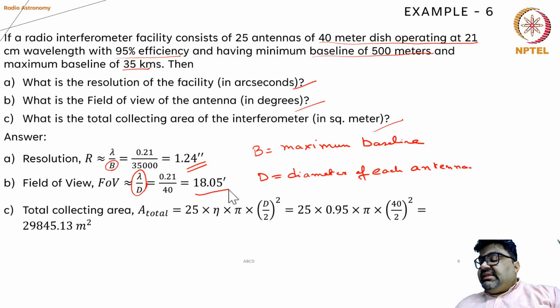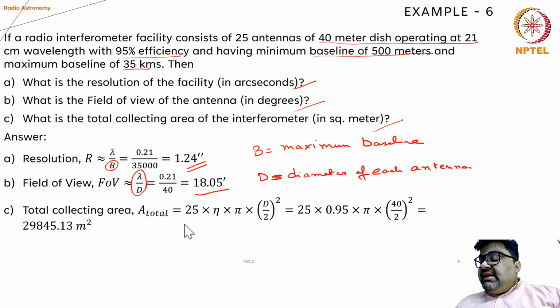So it remains 18.05 arc minutes, for 40-meter dishes at 21 centimeters.